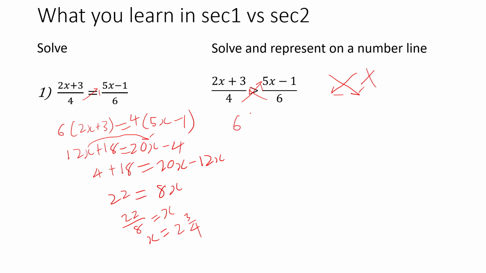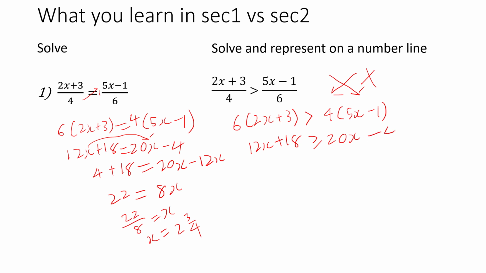So 6 times 2x plus 3, and let me just erase this because it's getting in the way, is larger than 4 times 5x minus 1. So 12x plus 18 is larger than 20x minus 4. So from what we have learned, we need to move the smaller x over to the other side.